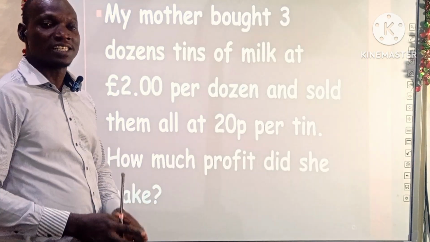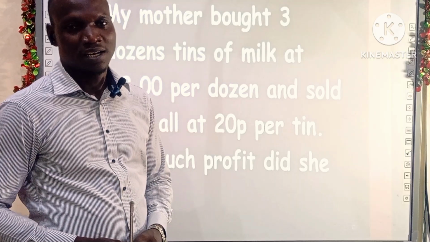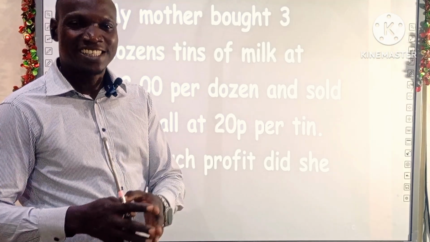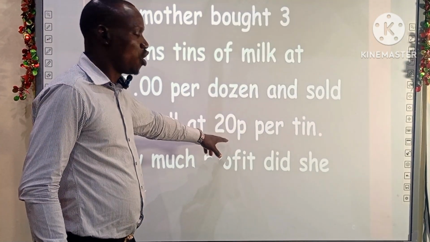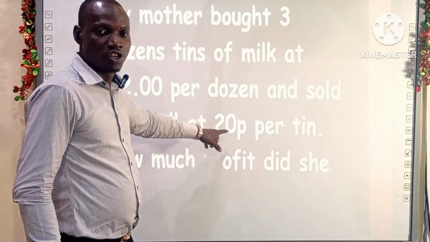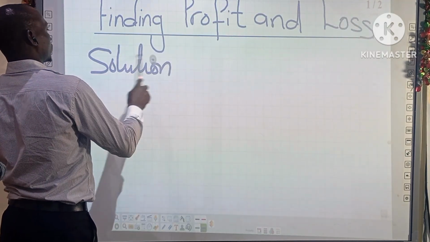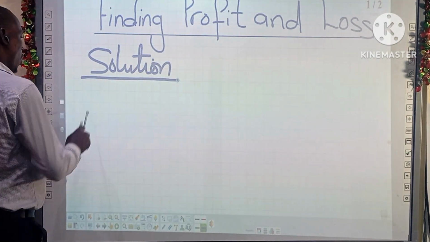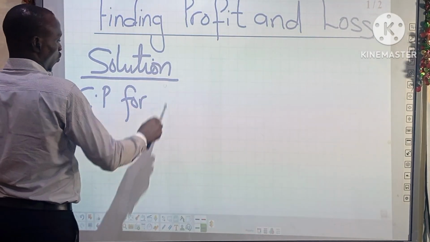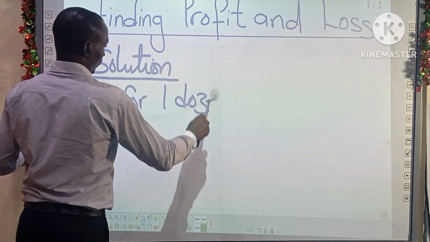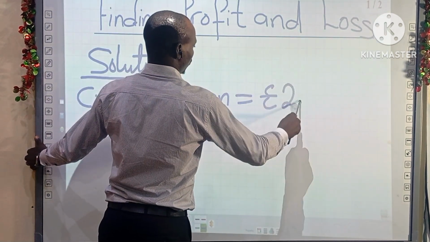So we are also going to determine the selling price for the 3 dozens of milk, which is equal to 36 tins of milk, because they sold it by the tins, not by dozen. Cost price for 1 dozen is equal to £2.